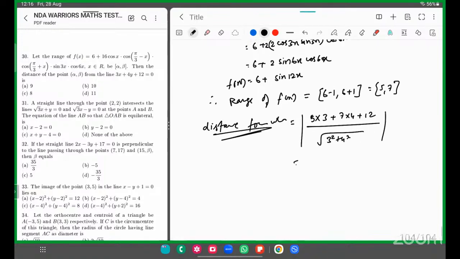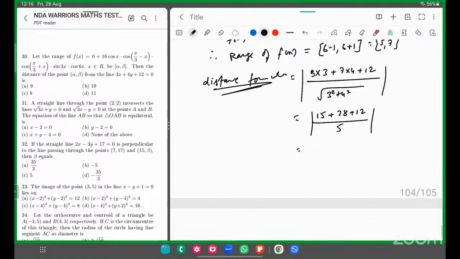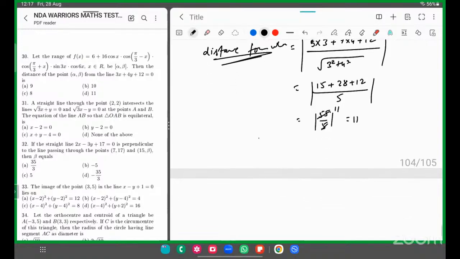Solve it, how much are you getting? 15, 28, 12, and 5 below. 28 and 12 make 40, and 15 makes 55, upon 5, whole mod. Dividing by 5, you get 11. So option D is our correct answer, 11.